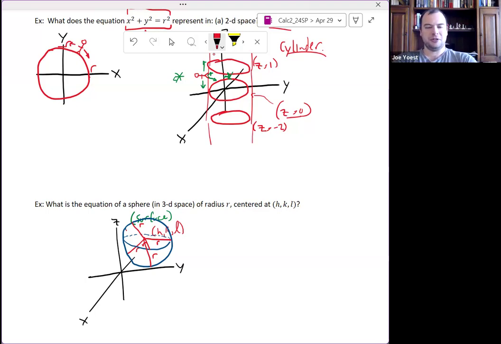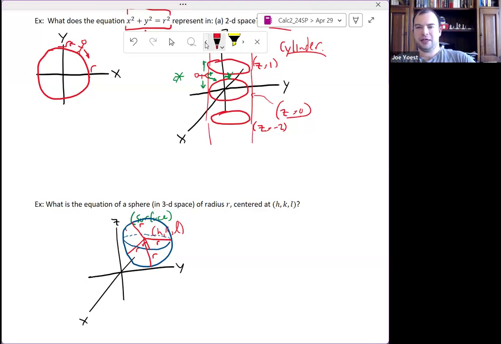I see this is going to be a surface because I start with 3 degrees of freedom, and I add 1 constraint that I want to only consider the points that are a specific radius away from a specific point. Well, what does that mean?